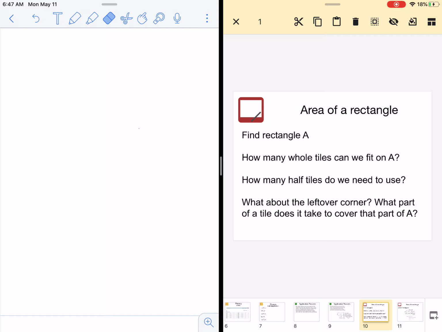So rectangle A is 4.5 units, I'm going to label it U, times or by 2.5 units. So we're going to draw this rectangle.